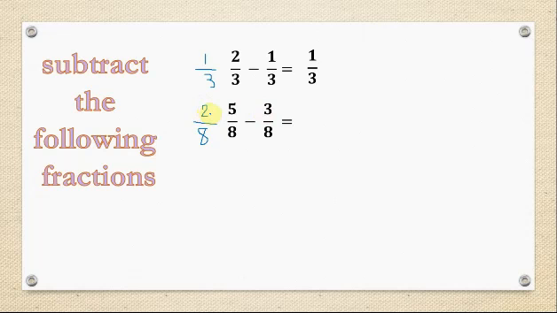Can we divide by another number? No, because 2 doesn't exist in another table. It only exists in table 2. So we will divide by 2, up and down. Sorry, it's a division.